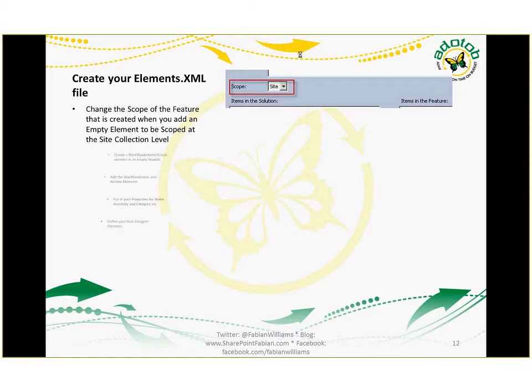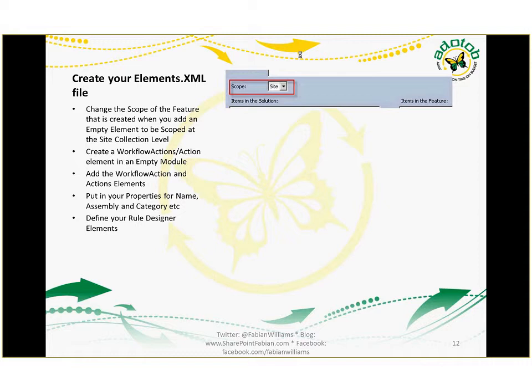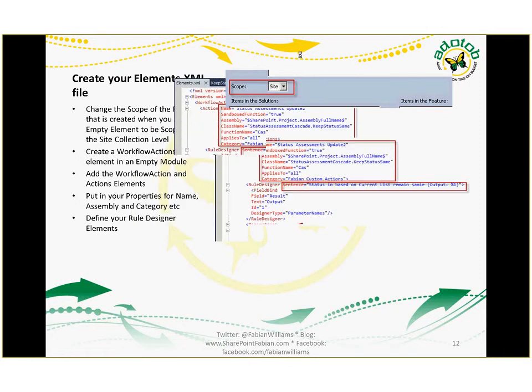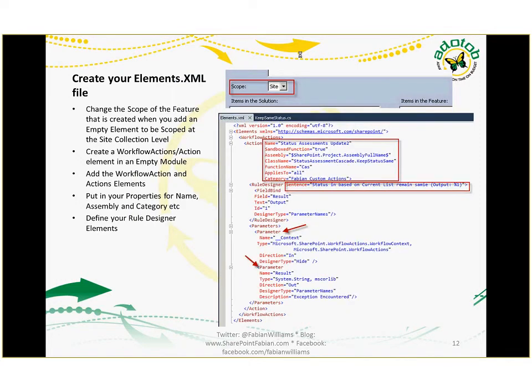The next thing that you need to do is create some workflow actions. In fact, let me show it so we can take a look at it as I'm talking. You need to build out this elements XML. There are going to be a few elements inside there, workflow actions and rule designer. In looking at this file, you can see there are a couple of things I've pointed out, as a takeaway for you when you get the slide.